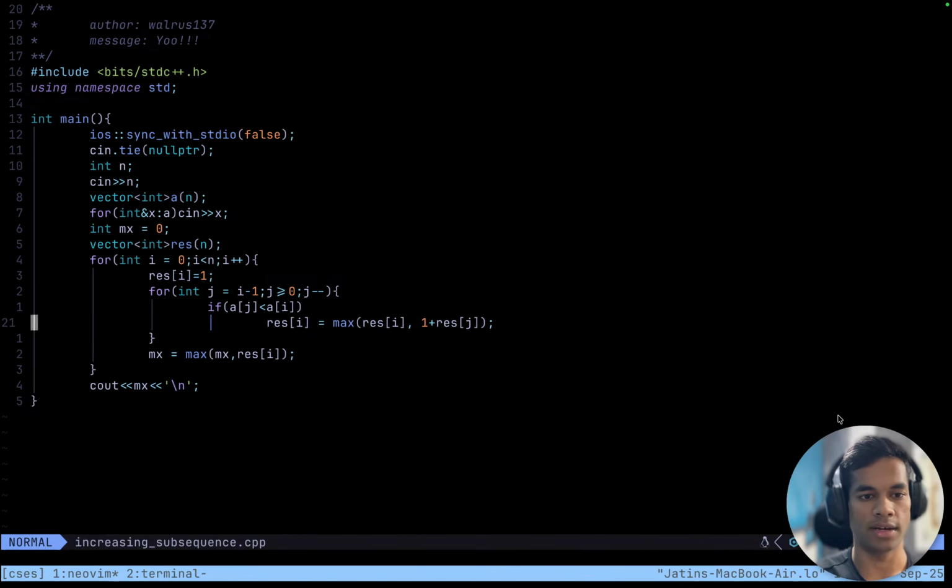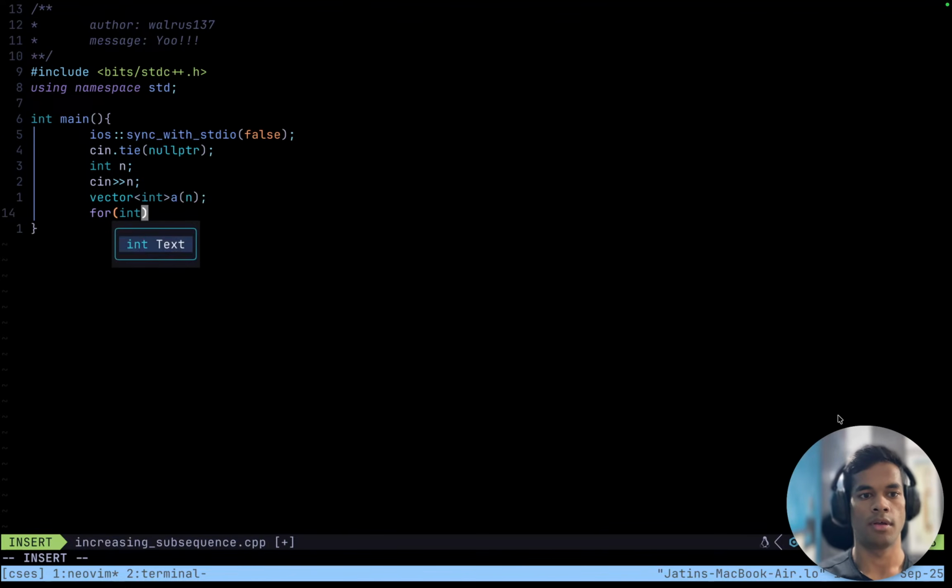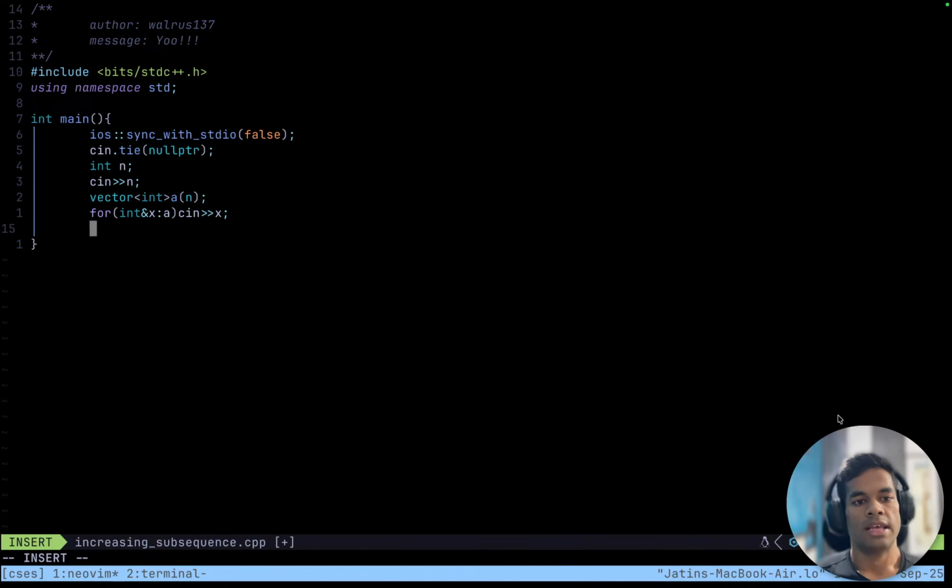Induction. Okay, inductive hypothesis. Now we can delete the whole thing, and we can say cin N, right? And vector int A size N, for int reference X in A, cin X, and vector int response, size N plus 1, and each value would be equal to int max.